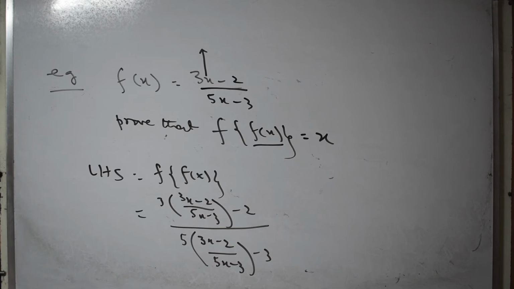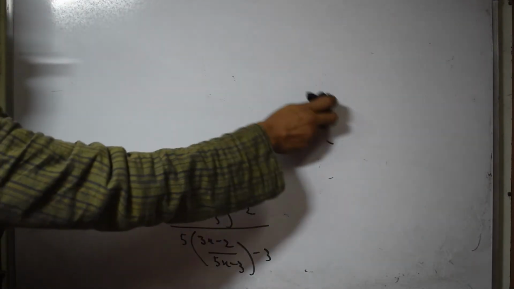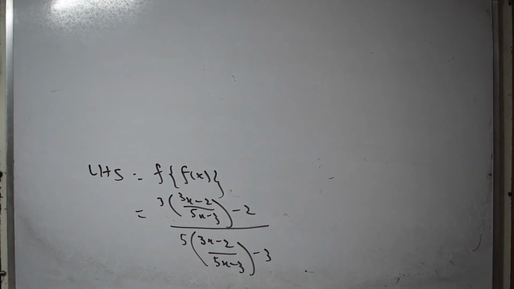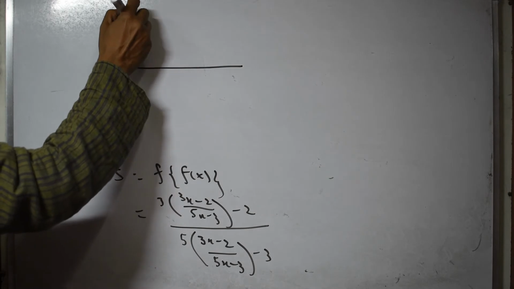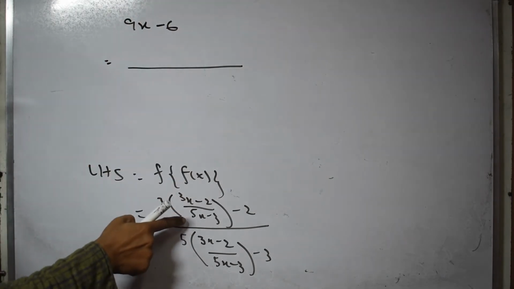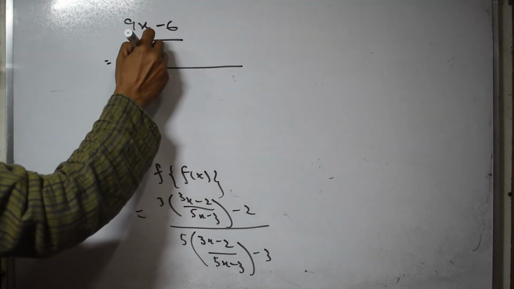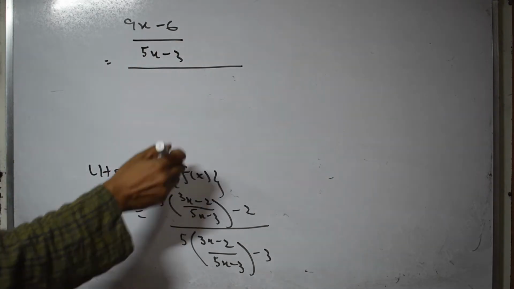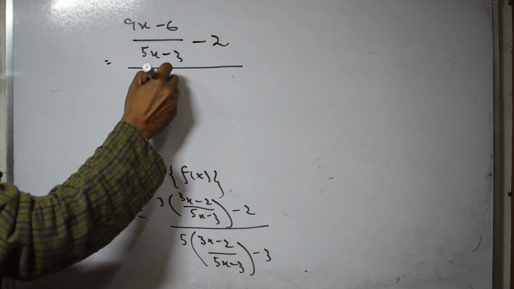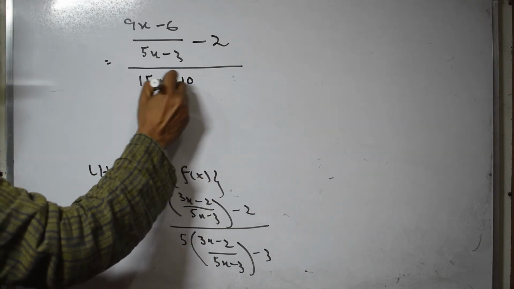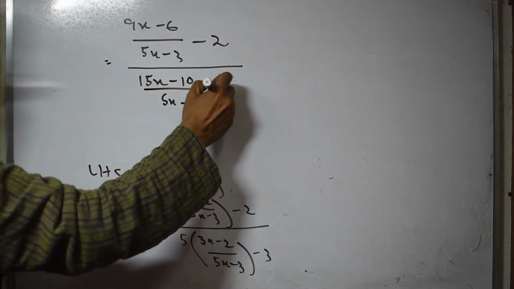What we are now going to do is simplify the expression like this. 3 into 3x, that is 9x minus 6, with 5x minus 3 as usual in the denominator, minus 2, and it is 5 into 3, 15x minus 10 divided by 5x minus 3, minus 3.